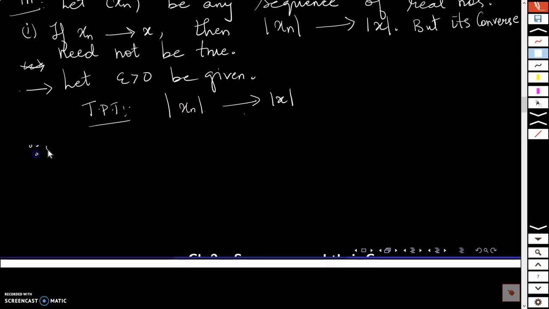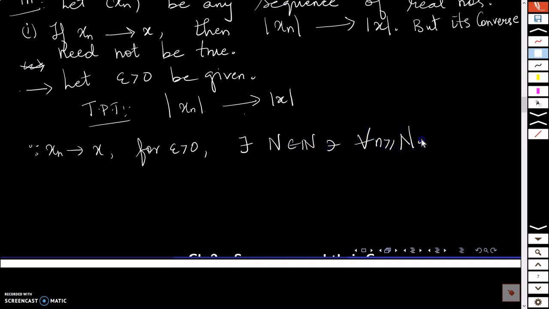So since xn converges to x, for this positive epsilon which is given to me, there exists a natural number N such that for all n bigger than or equal to N, by definition of convergence, modulus of xn minus x will be less than epsilon.